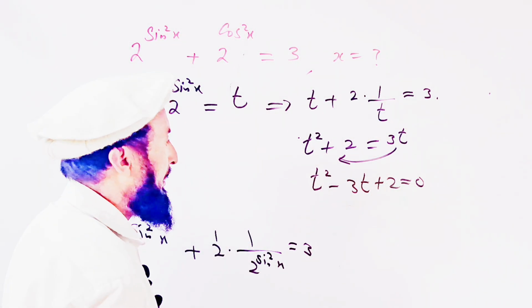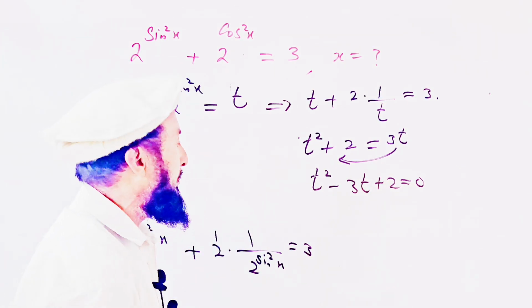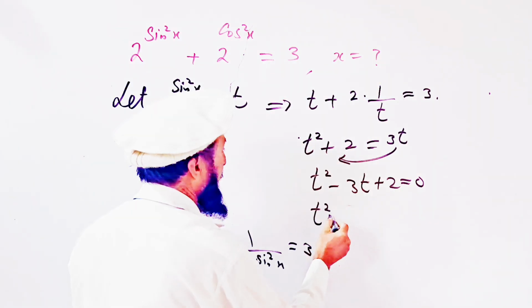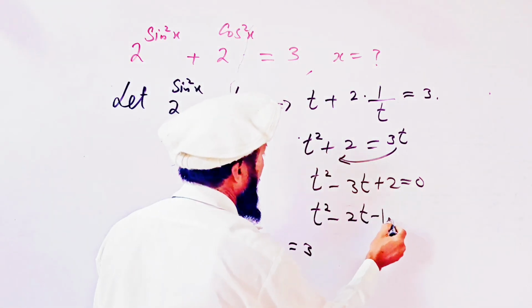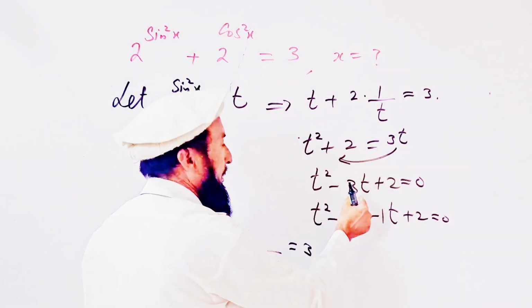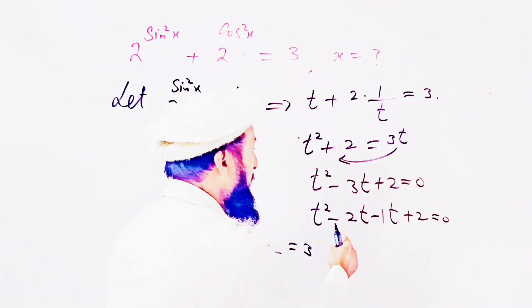Now we are using the factorization method. There are 3 methods we can apply: completing the square, the quadratic formula, and also factorization, which we use here. The product term is 2 and the middle term is minus 3, so we require two integers, minus 2 and minus 1.